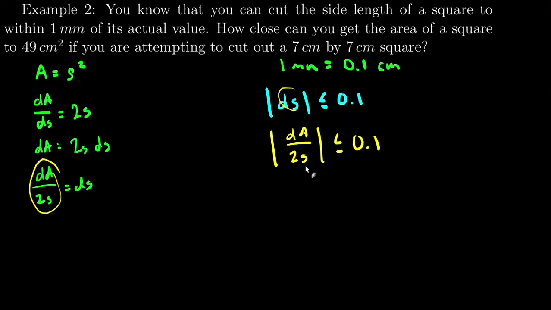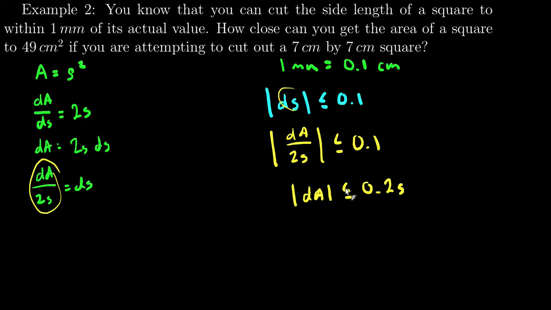The side length of a square will always be positive, so I can multiply both sides by 2s and get the magnitude of dA is less than or equal to 0.2s. And I can bring this out of the absolute value, but I can't bring dA out. dA could be too big, so being positive, or if the area is too small, dA would be negative. So I can't bring that out.